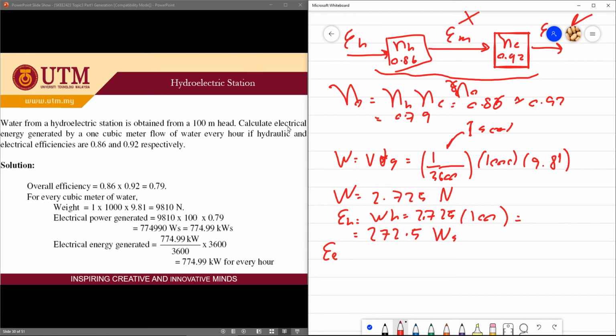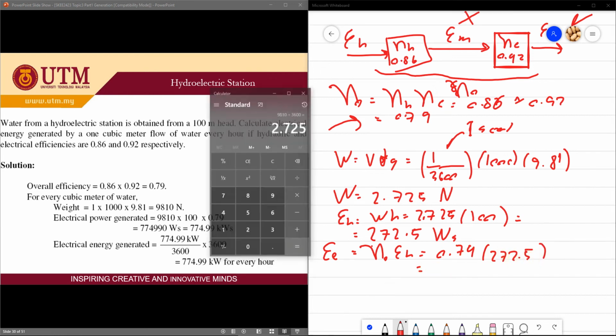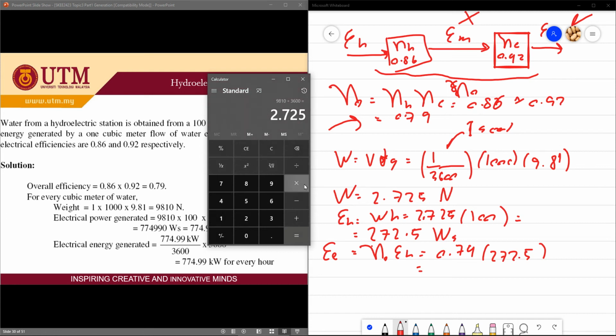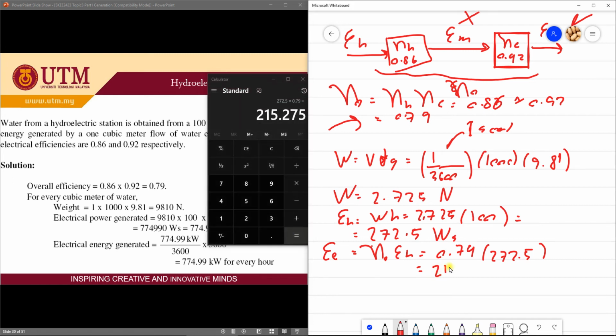Electrical energy is the overall efficiency multiplied by E hydraulic. So the overall efficiency is 0.79, multiplied by 272.5, you get the electrical energy 215.275 watt second.